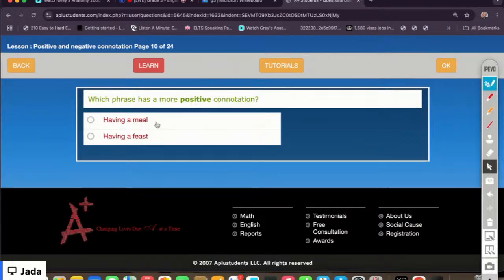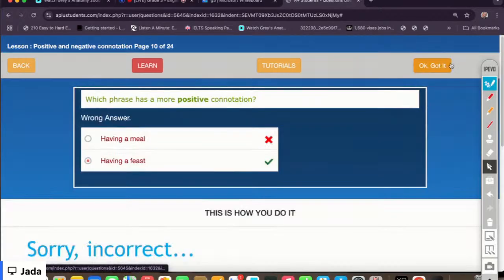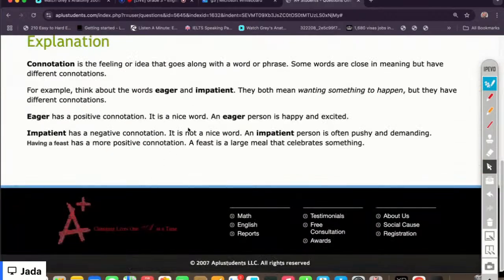So which is more positive, having a meal or a feast? Okay, so if you have a meal, it is not as positive.